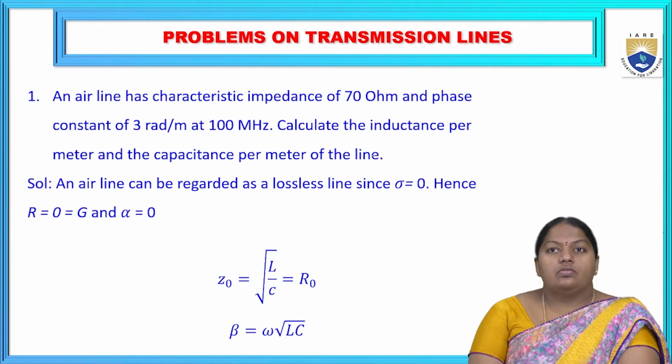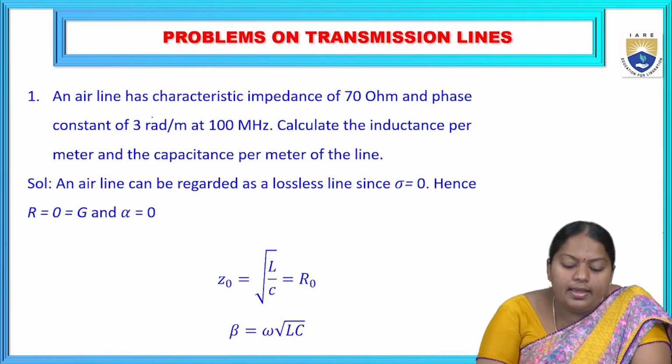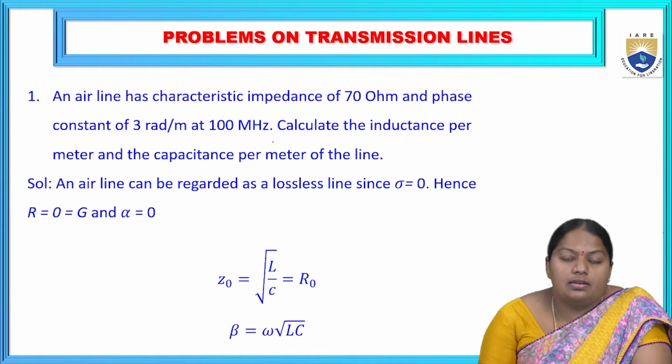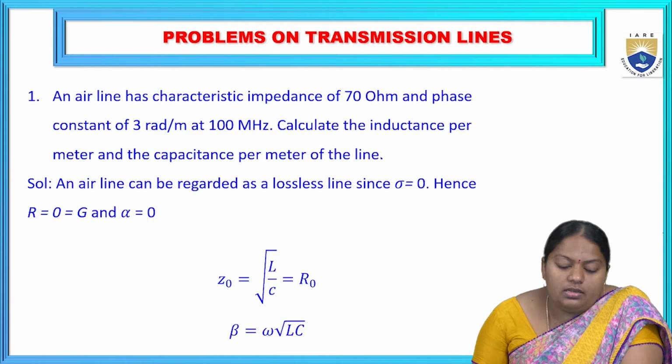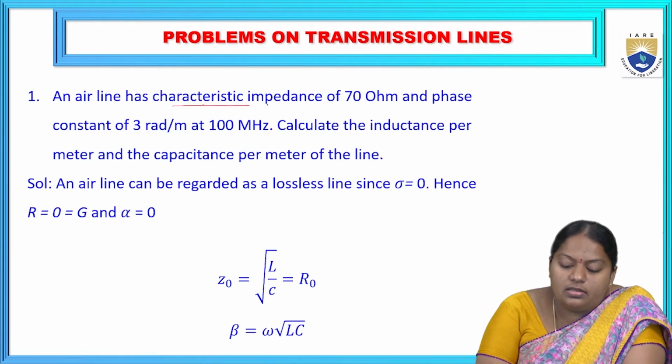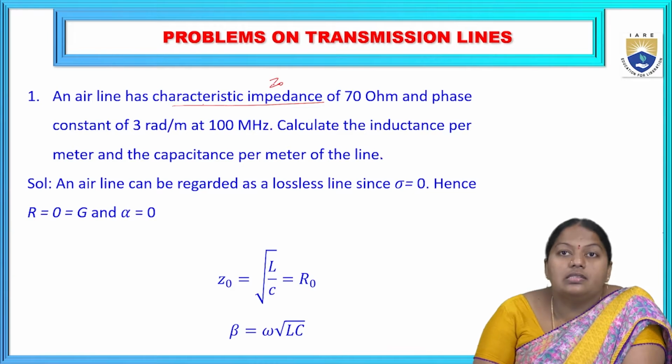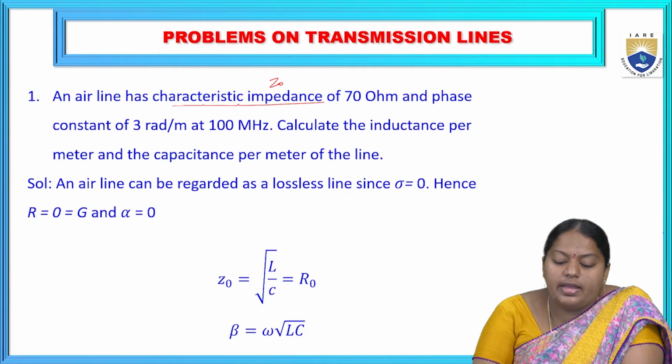An airline means a free space transmission line, which we are considering as an example, and the characteristic impedance is given. The characteristic impedance is represented with Z0, measured in ohms, and its value is given as 70 ohms.